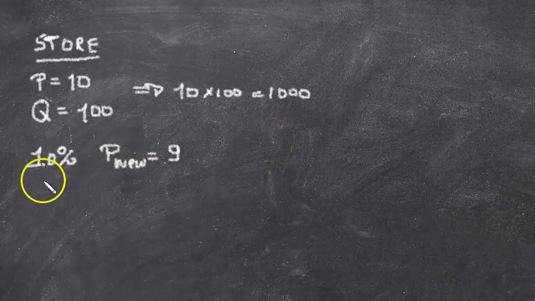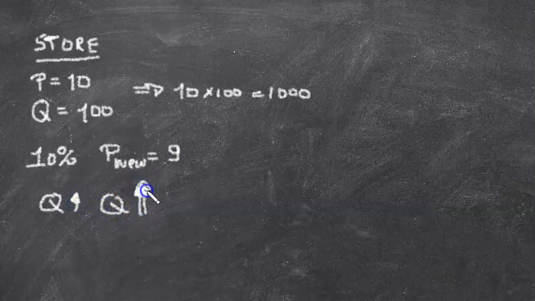But we also know that as prices fall, people buy more. So it all depends on how responsive the quantity demanded is as this price falls. Will quantity go up maybe a little bit? Will quantity demanded go up a lot?